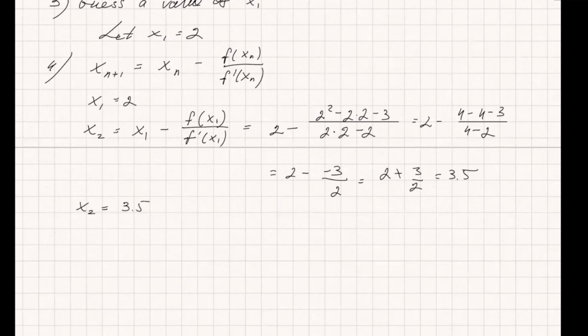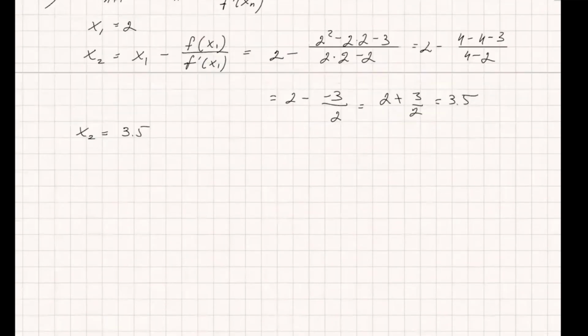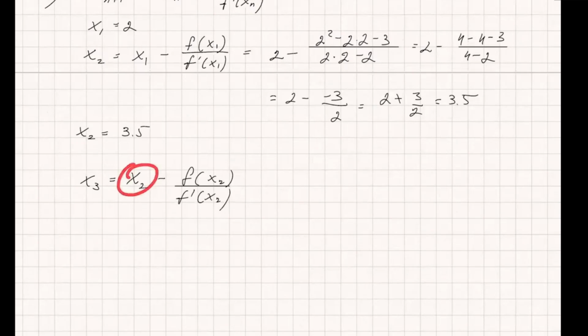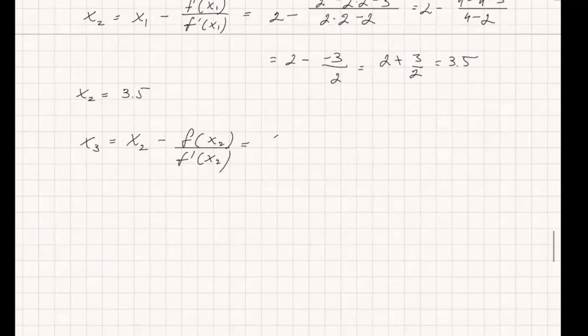Now the next iteration would be x3, right? To find x3, I need to plug in x2 minus f of x2 over f prime of x2. So I input all the values for x2 = 3.5.